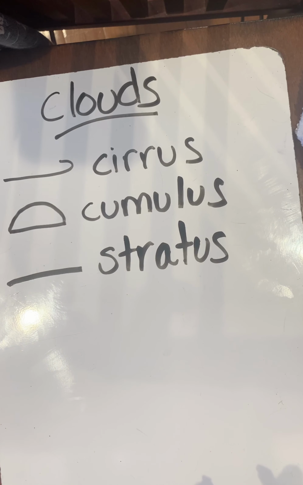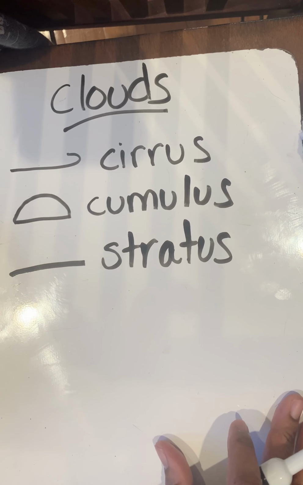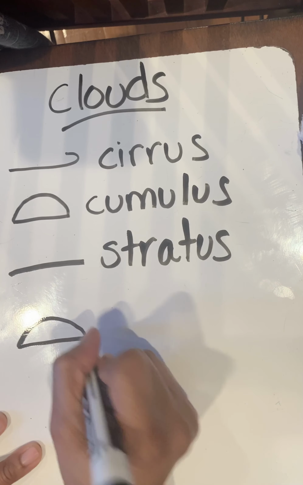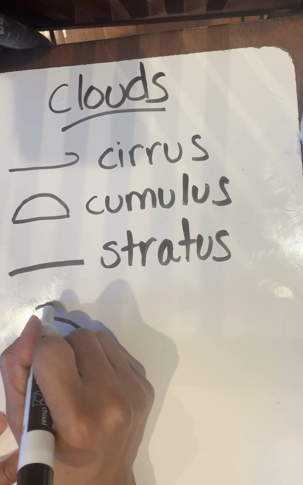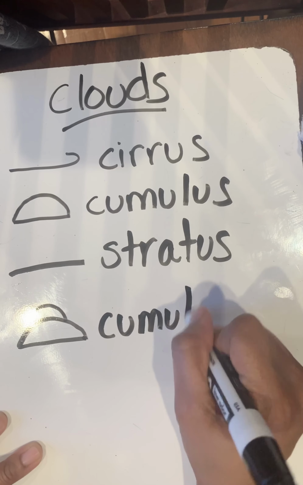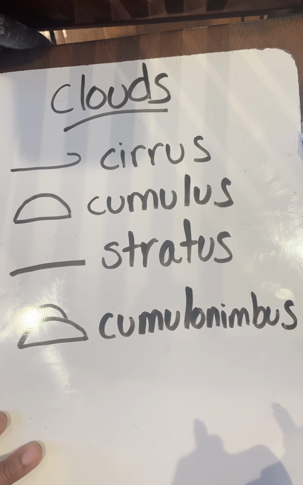Now our nimbus clouds, I'm just doing the 3 main types for now. Our nimbus clouds would be our thunderhead. First I make the cumulus cloud, and then I make it bigger. That is my cumulonimbus. Okay?